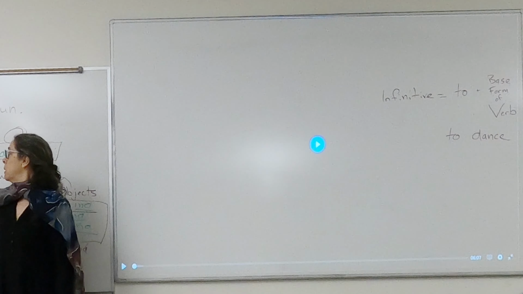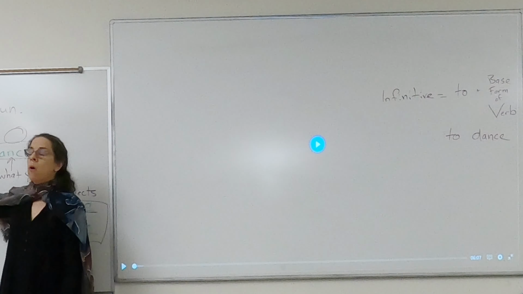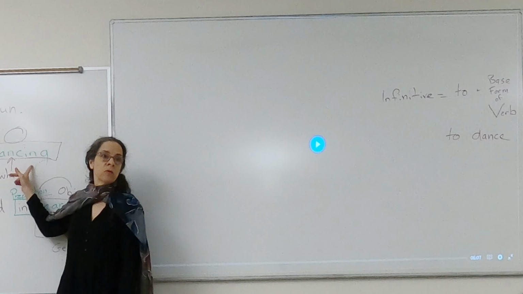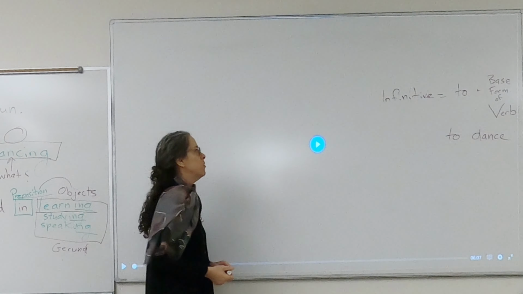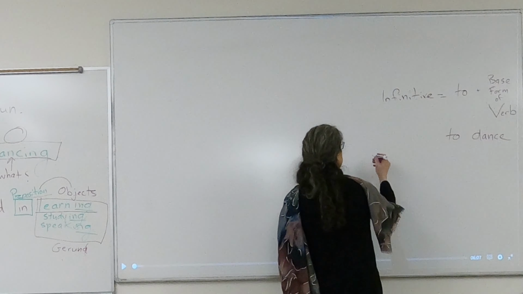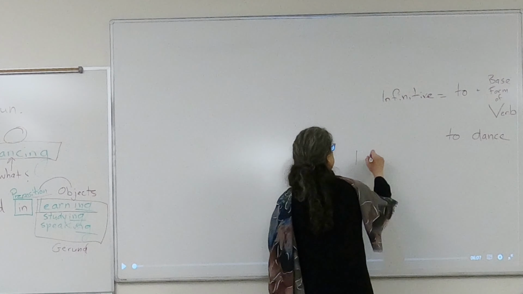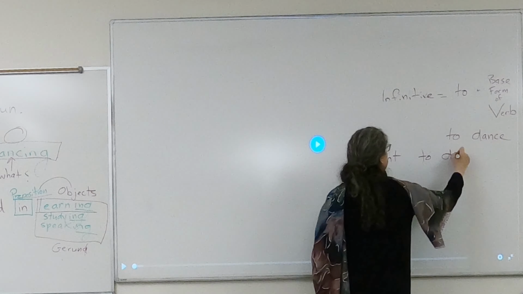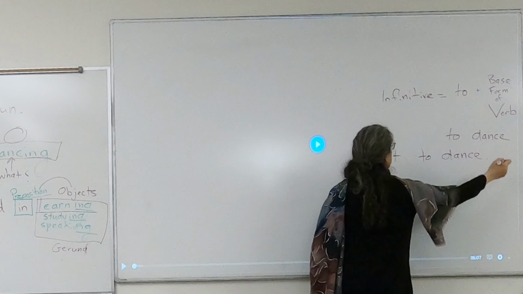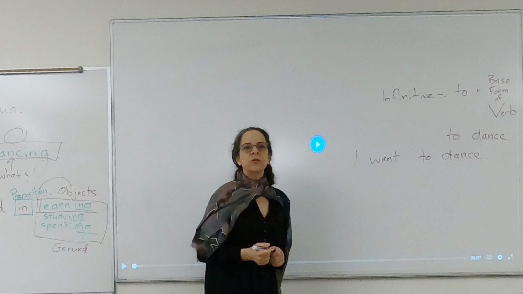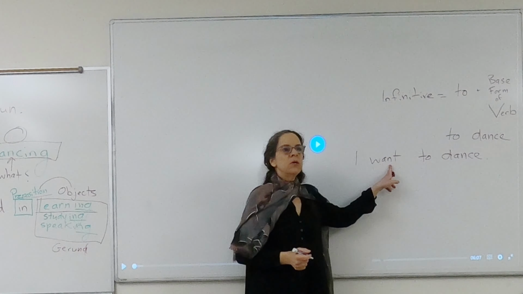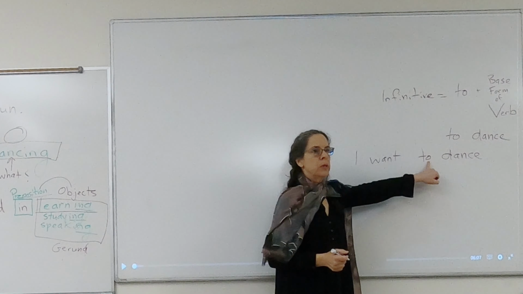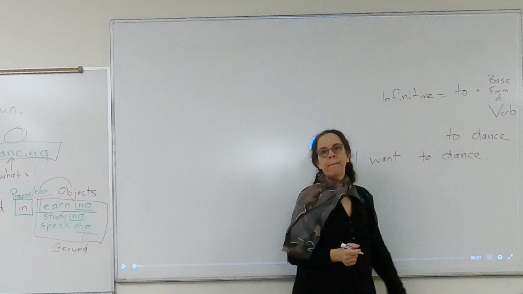Some verbs, like enjoy, will always be followed by a gerund, and there are other verbs like this. I want to dance. After want, you will always have the to and no ing.